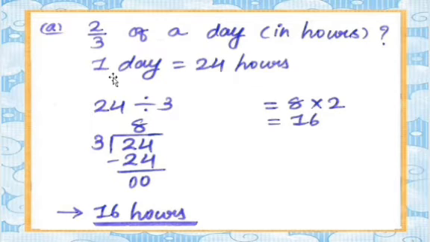You know very well, my dear students, I already taught you. 1 day is equal to how many hours? 24 hours. Again I repeat, 2 upon 3 of a day in hours. So 1 day is equal to 24 hours.